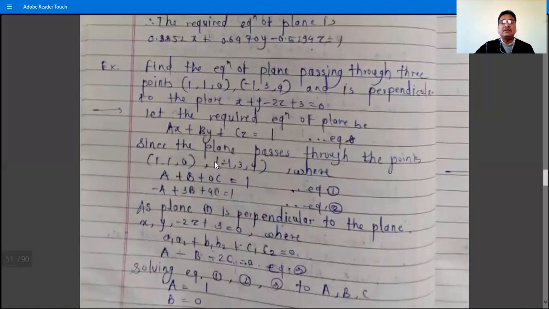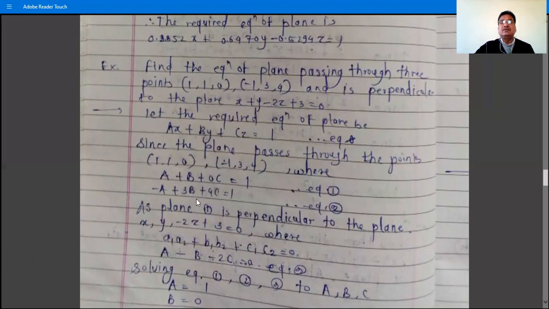When the 2 planes are perpendicular, the multiplication of the coefficients of x, plus the multiplication of the coefficients of y, plus the multiplication of the coefficients of z is equal to 0.